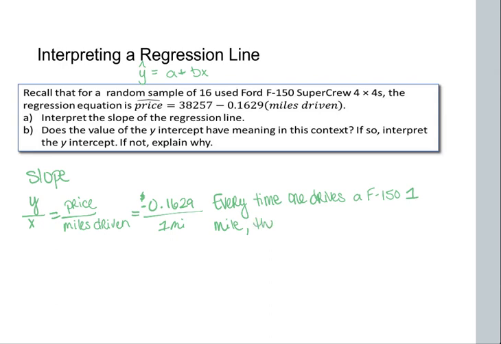The price decreases by $0.1629. That's the slope. So for each 1 mile, what happens? It went down, it was negative, and that's by how much?